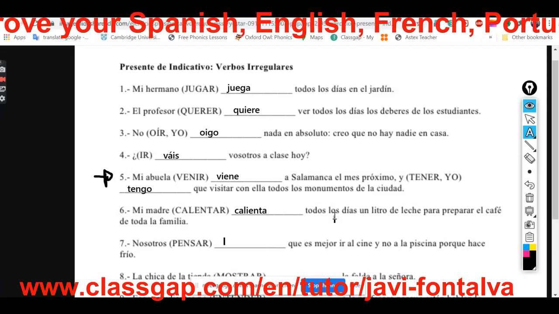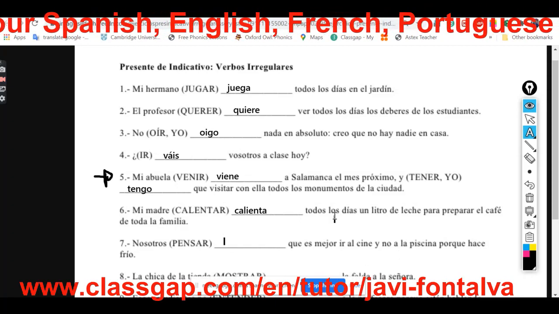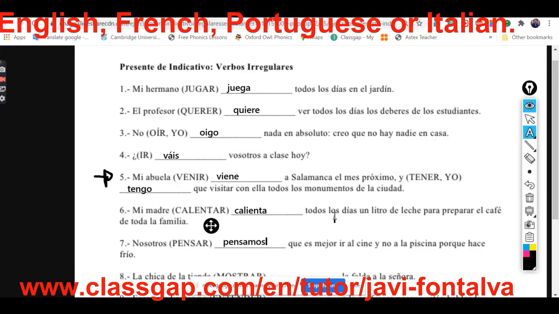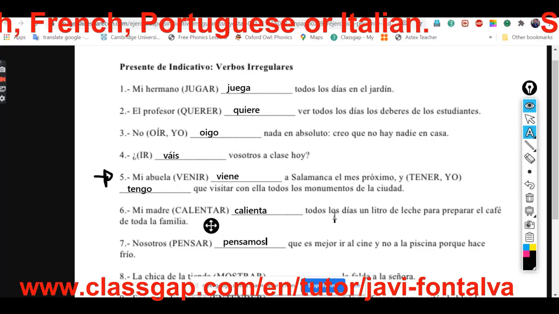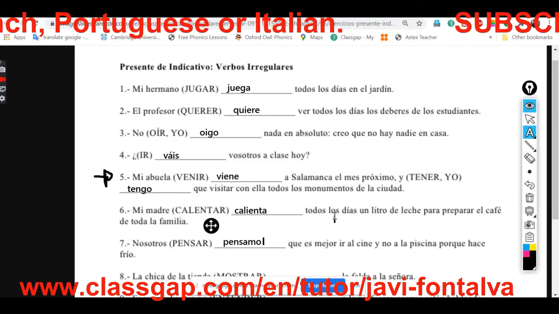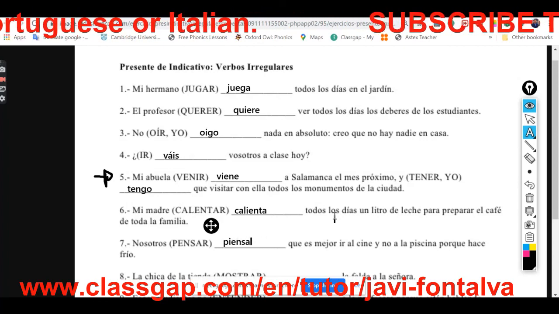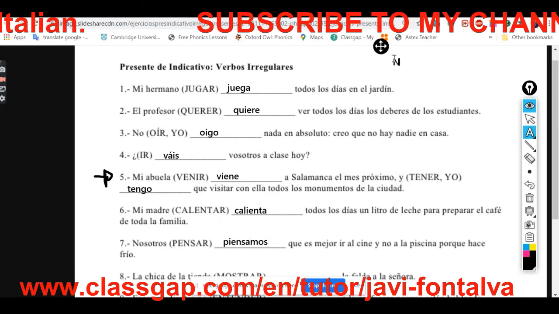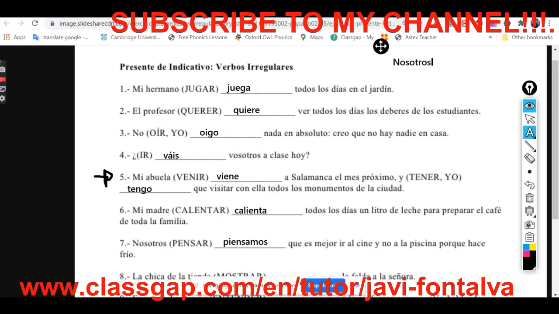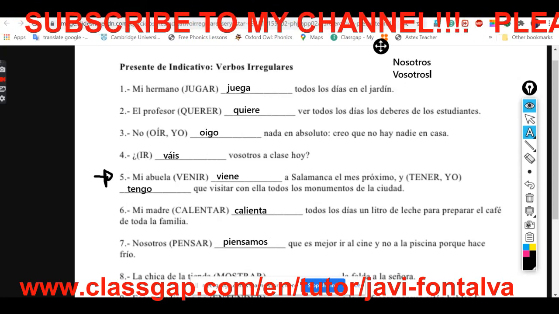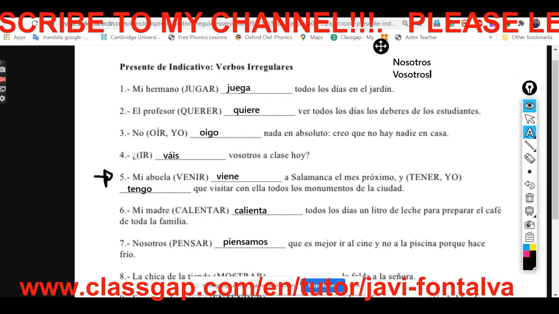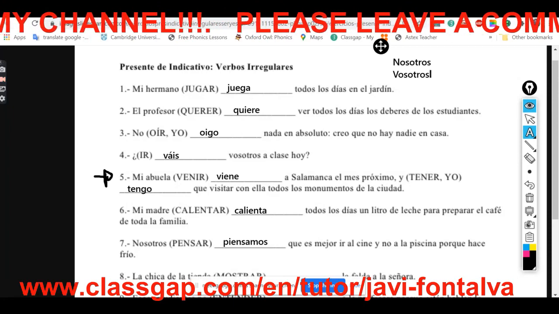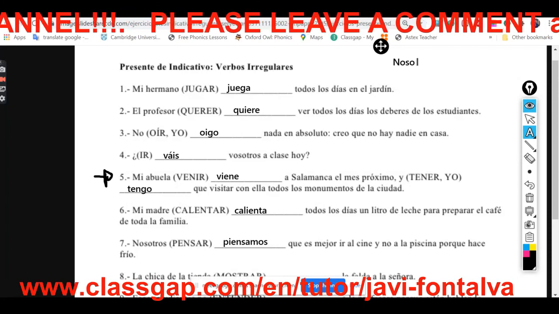Number 7. Nosotros pensamos. No, be careful. Why don't we say piensamos? Remember I told you before. For nosotros and vosotros, no irregularity. No weird thing in the middle of the word. So you say, I think, you do say pienso, like this.